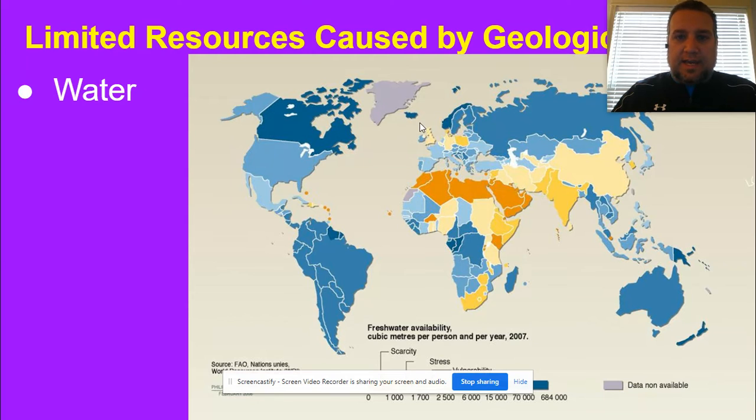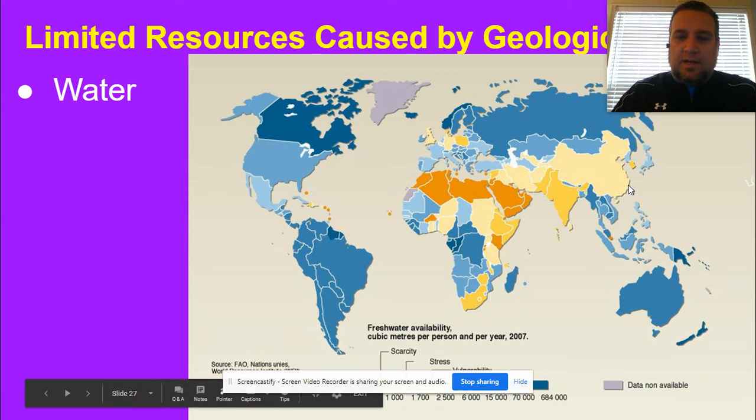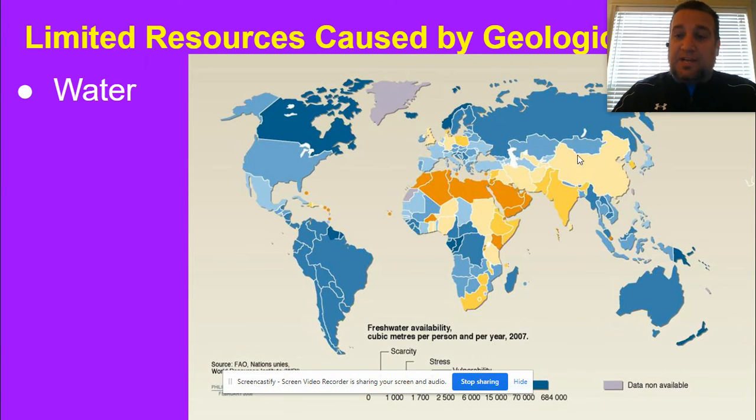You can see in Canada, northern areas especially, lots of water. Down here in Africa you have lots of water resources, those are rivers. North America, lots. But in Africa and Asia, there are lots of places that don't have a lot of access to fresh water. So freshwater access is not distributed equally throughout the Earth.